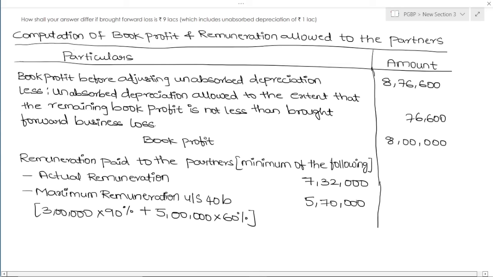Seven lakh 32,000 is the actual remuneration. 5 lakh 70 is the maximum, whichever is minimum. So 5 lakh 70 is minimum. That we will allow as deduction under section 40B. So write down in the outer column 5 lakh 70,000.